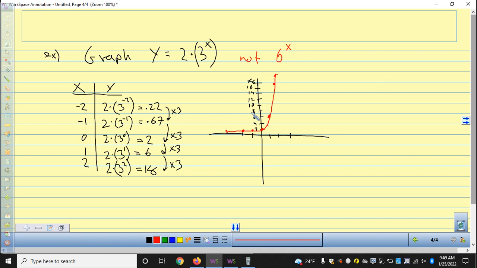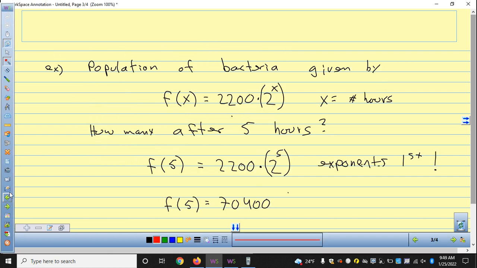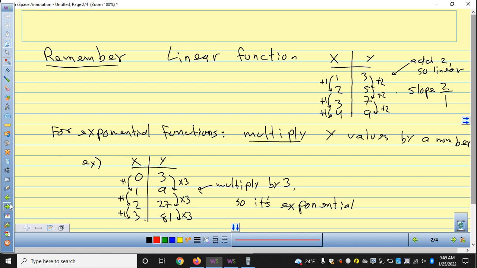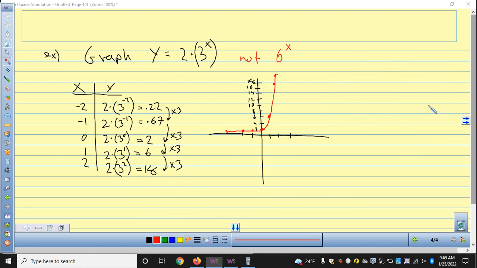And we can see my graph looks more or less like these graphs that I sketched over here. 2 to the x is not quite as steep as 3 to the x, but they look more or less the same. Any exponential function is going to look more or less like this. Questions there?